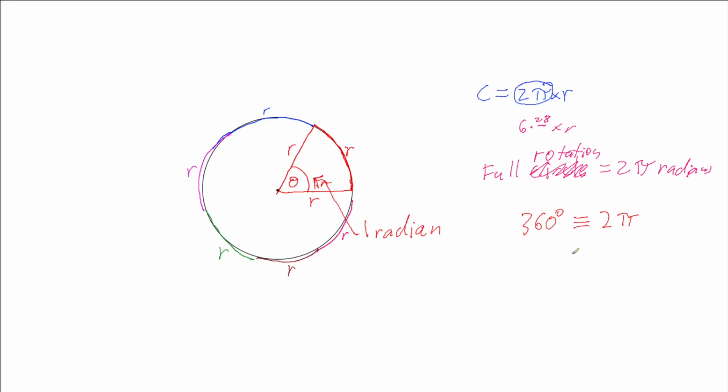So now we have this. 360 degrees is equivalent to 2 pi radians. And a lot of people don't really use 360 degrees equals 2 pi as their definition or a useful calculation within radians. What we usually do is if I divide both sides of this equivalent statement, I can get 180 degrees is equivalent to 1 pi.